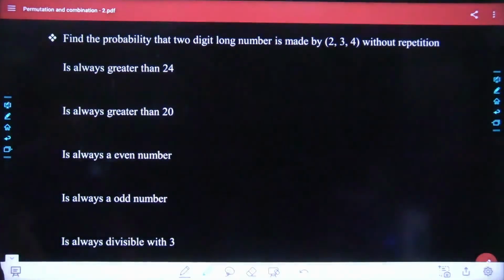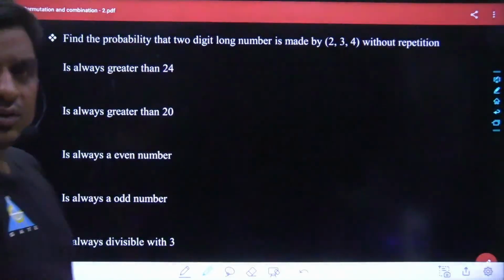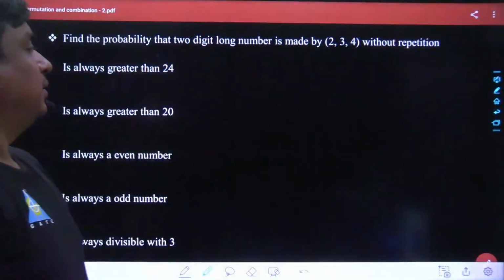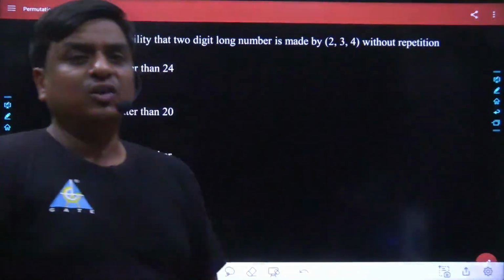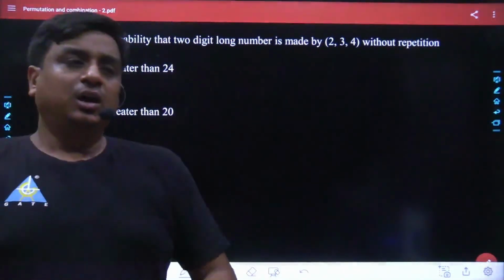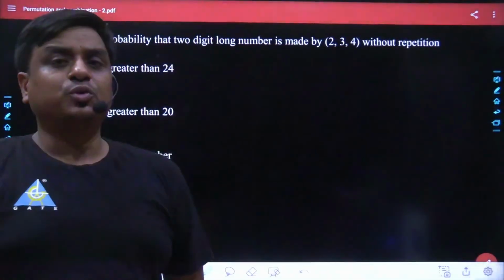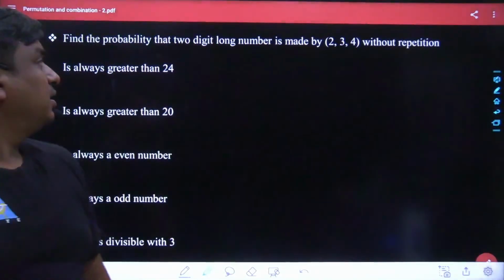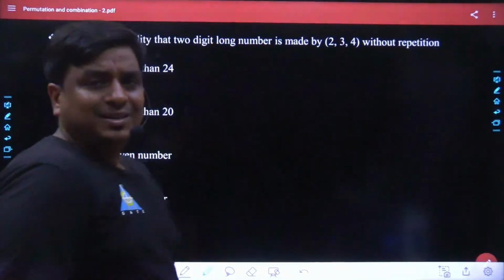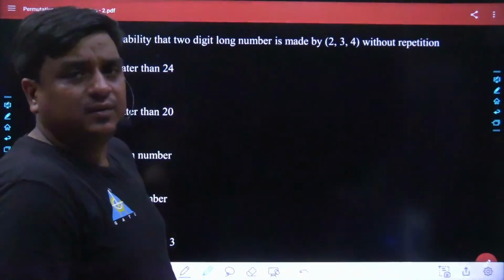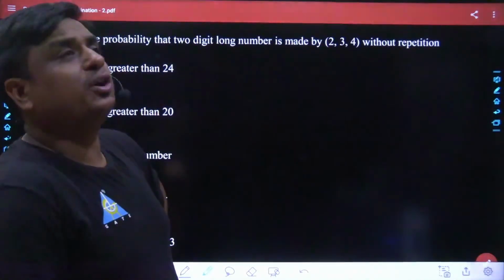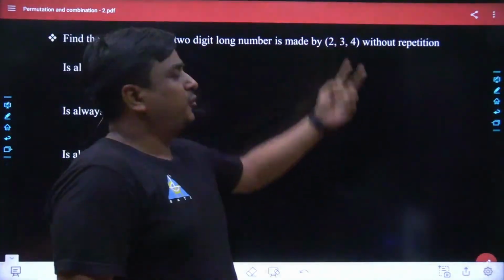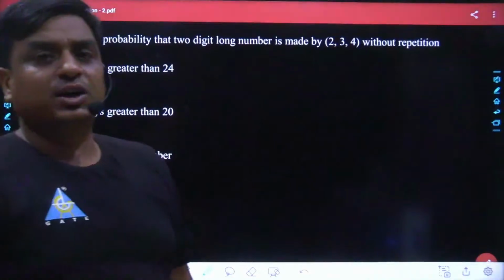Here comes the probability that the number which is 2 digits long is divisible by 3. What is the divisibility property of a number with 3? The addition of individual digits together must be divisible by 3. That means if you select 2 and 3, that adds to be 5. Obviously it's non-divisible by 3, so 23 or 32 is not going to be divisible by 3. 3 and 4 together becomes 34 or 43.